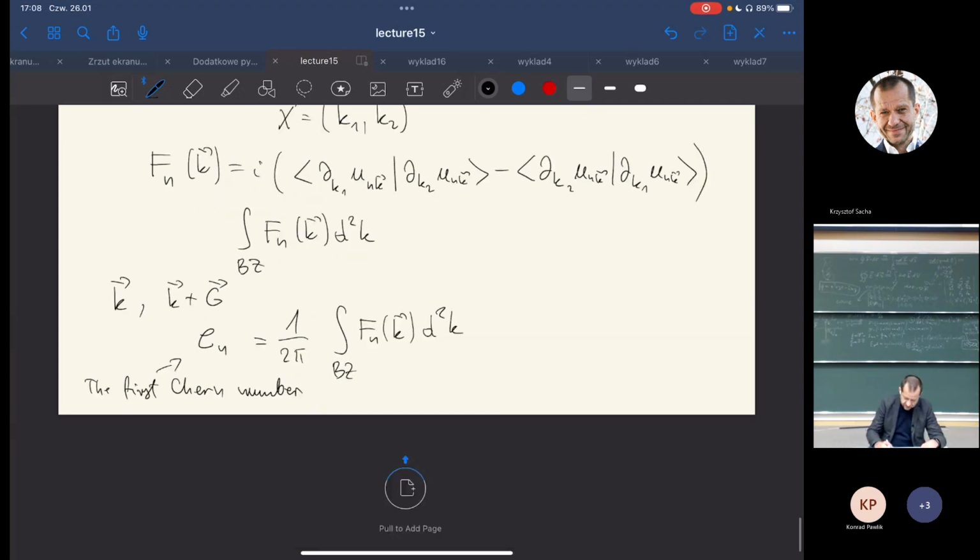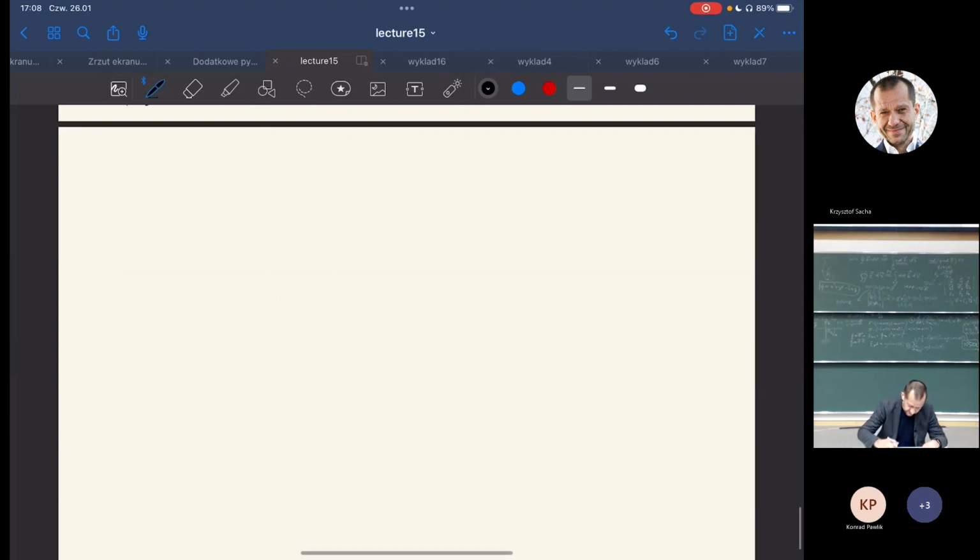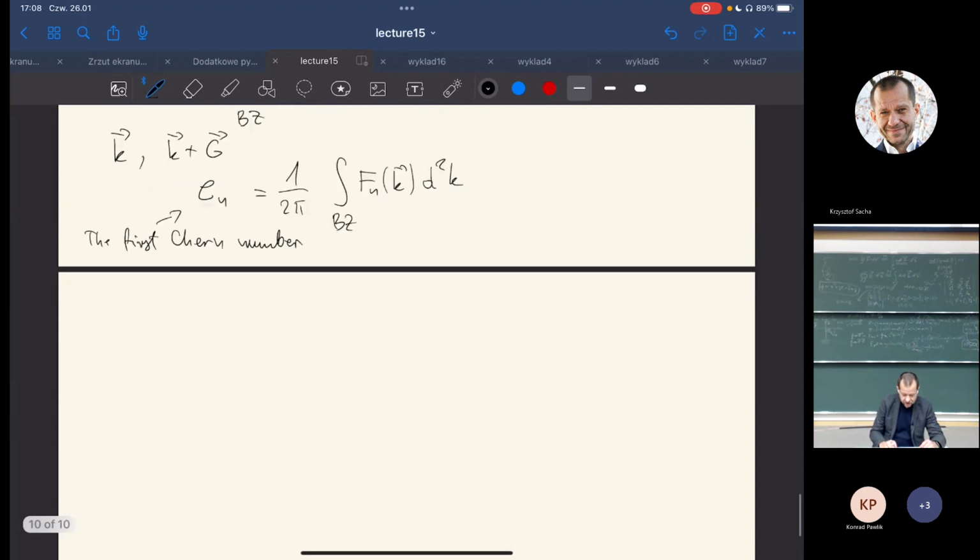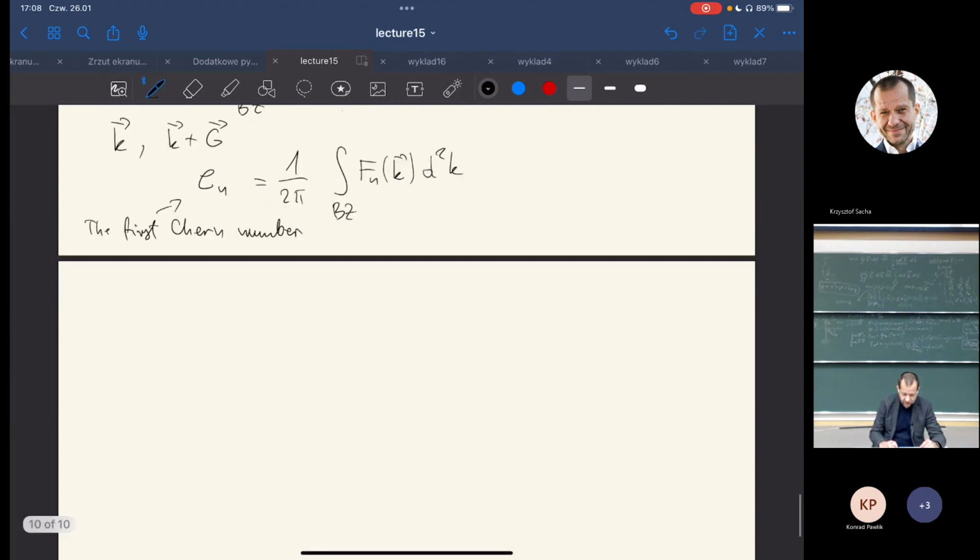And as I told you, if the Chern number is not equal to 0, then we deal with a Chern insulator. One of the most important Chern insulators is the system which reveals the quantum Hall effect. So just let me tell you a few words about this.